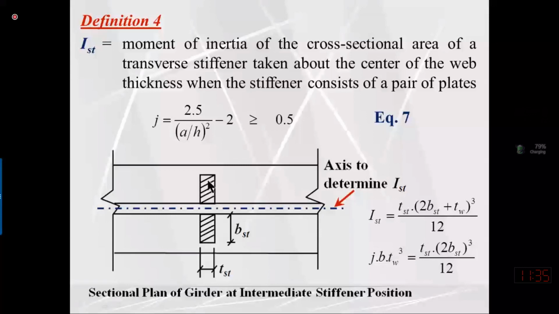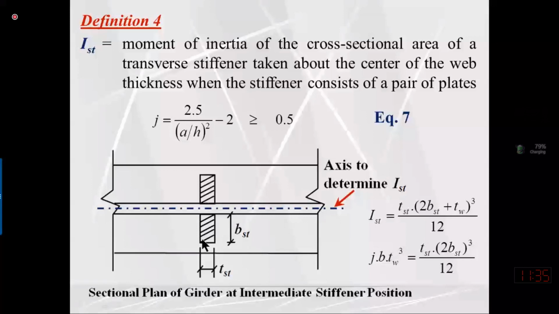But if you are providing a single stiffener only on one side, then you need to deduct this 2, because total thickness of the stiffener about this center will be BST.